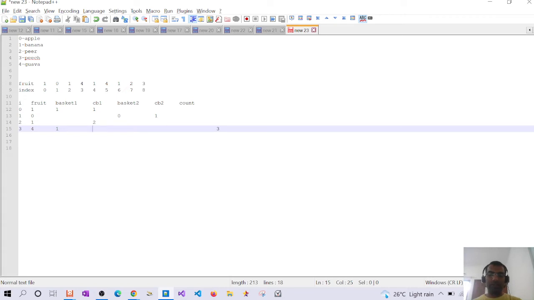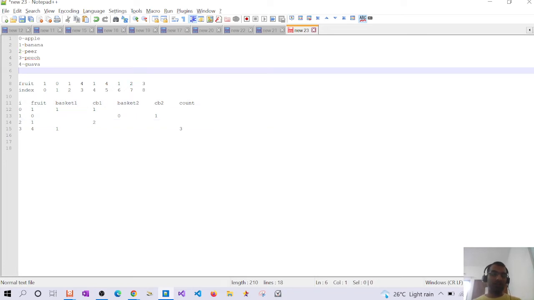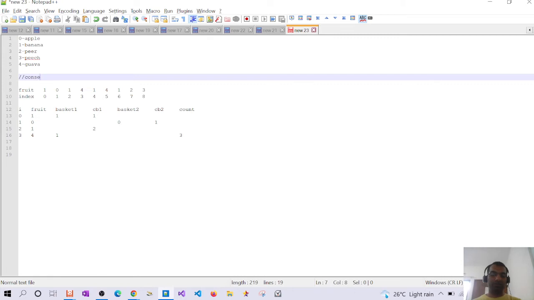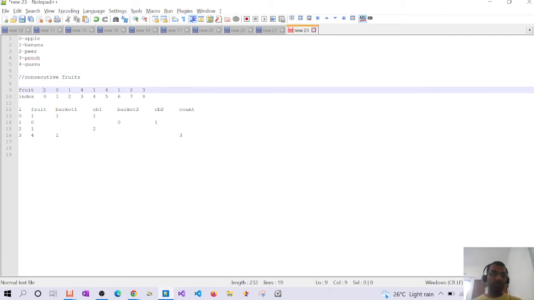But the very interesting point here is we cannot keep count of basket 1 as 2 because the question says we have to find the consecutive fruits. So count for basket 1 was for these two, right? But now we are at this index and there is another fruit in between it.